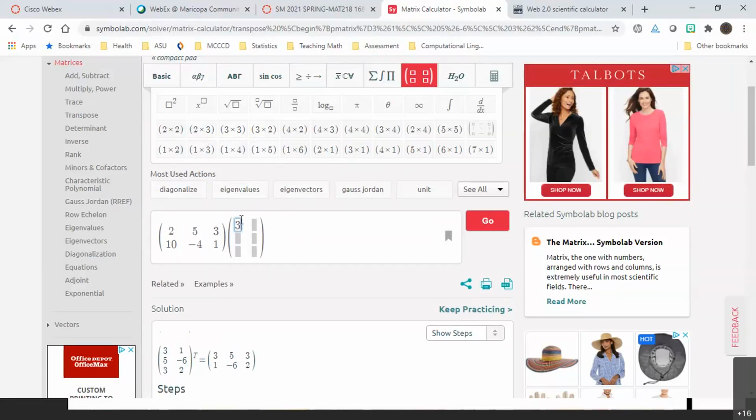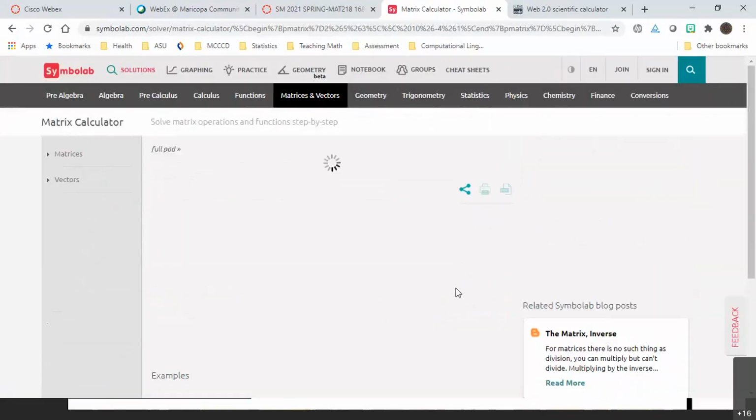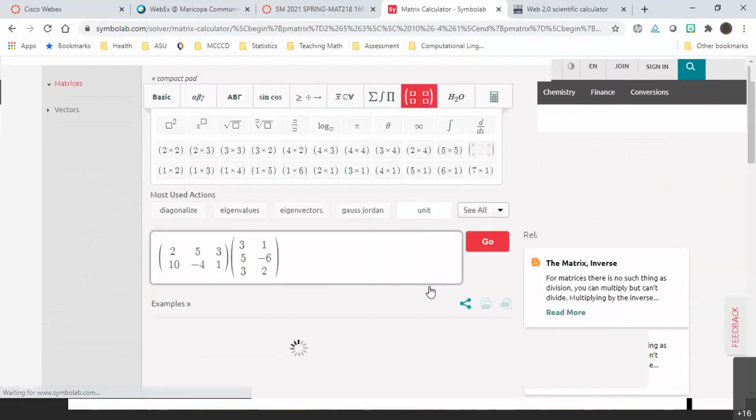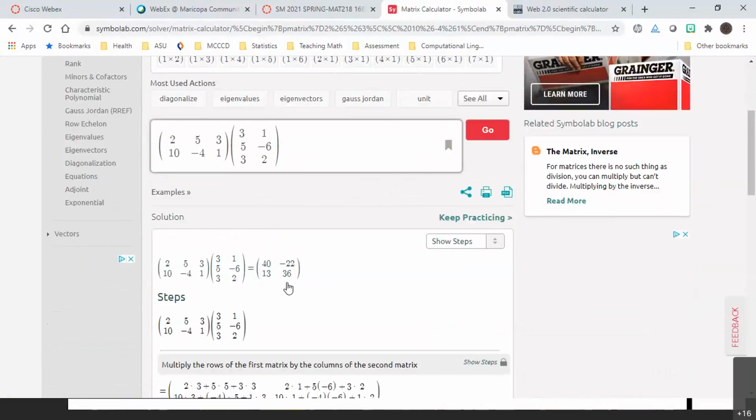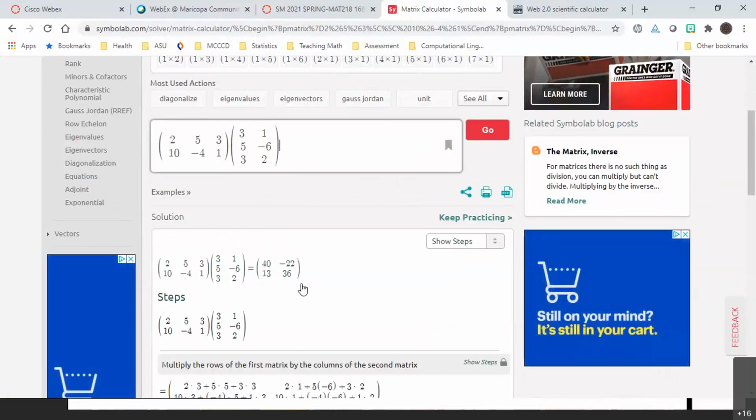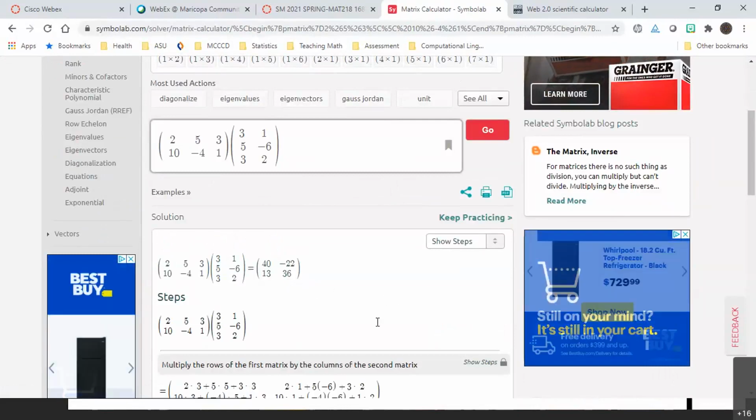I'm probably fat fingering something. 5, negative 6, and 3, 2. All right, and then just hit go. And hopefully everybody got 40, negative 22, 13, 36 as the answer.